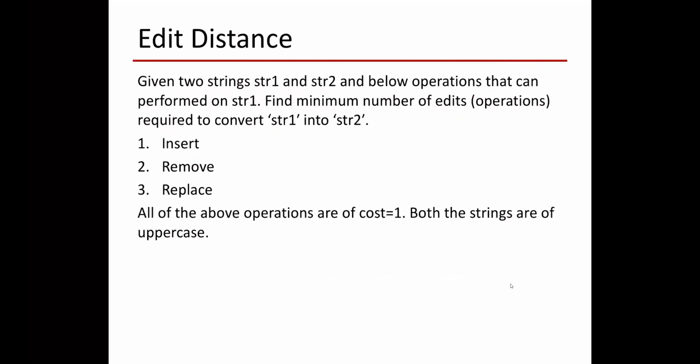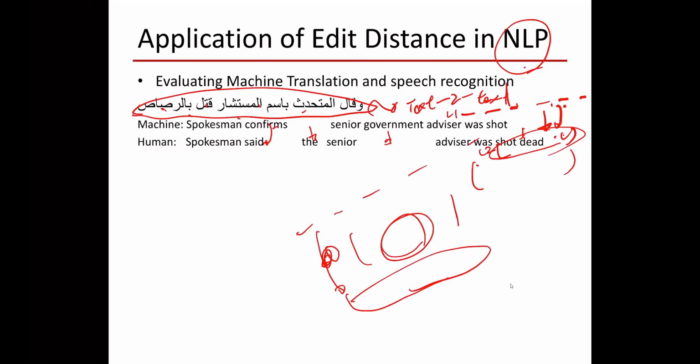We're going to talk about this. Edit distance: given two strings, string 1 and string 2, the below operations can be performed on string 1. Find the minimum number of edits required to convert string 1 into string 2. Got it? Either I can insert, remove, or replace. That is what we did: replace, add, remove.